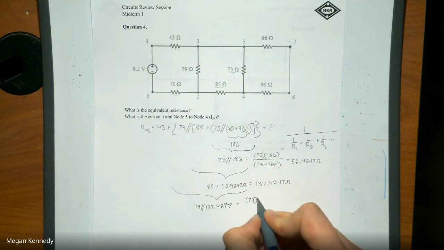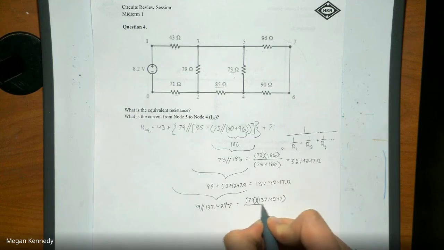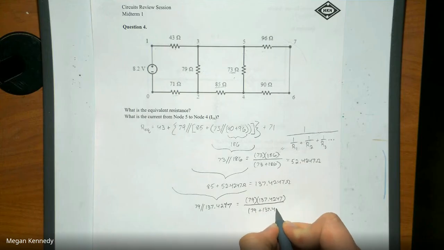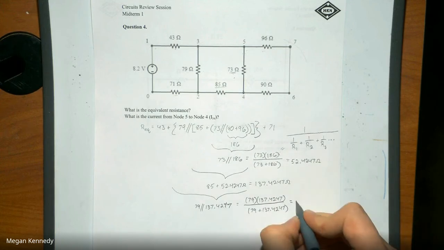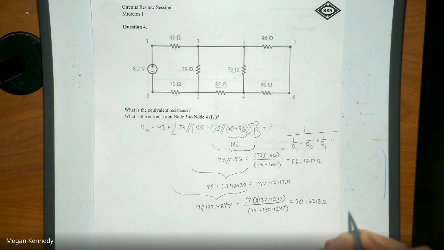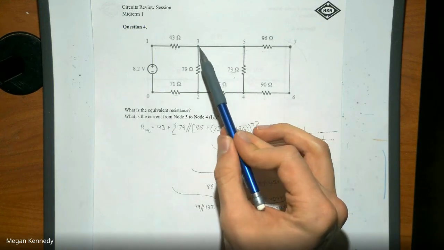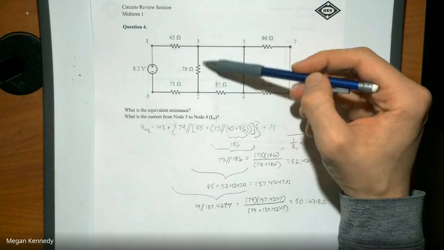When we write that out, we have 79 ohms times 137.4247, divided by 79 plus 137.4247. And that gives us a resistance of 50.163 ohms. So this resistance now accounts for all of the resistance values between node 3 and node 2.